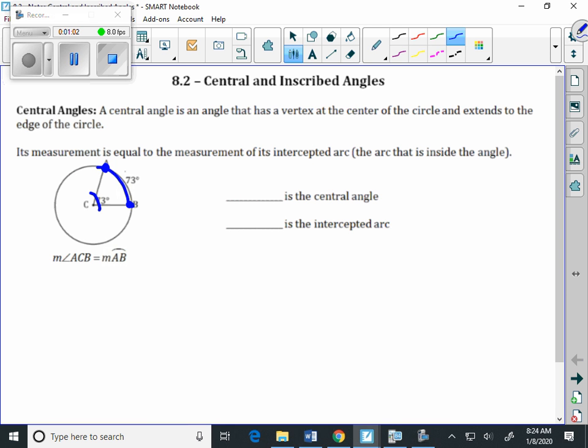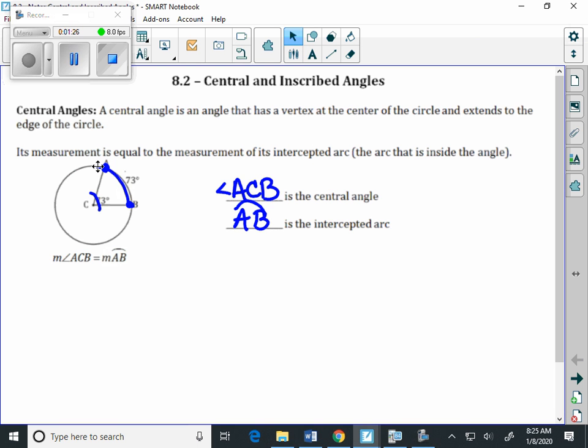So the central angle equals the intercepted arc. Again, angle ACB is the central angle, and arc AB is the intercepted arc. Central angle, same as the intercepted arc.